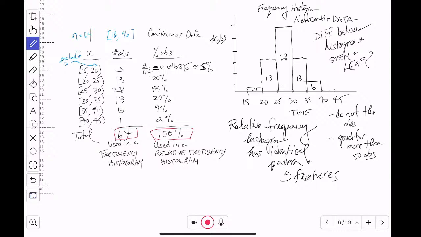So why do we prefer to use the relative frequency histogram over the frequency histogram? The question is, they look the same, they have the same 5 features, identical pattern, the same peak, the same gaps, all of that.